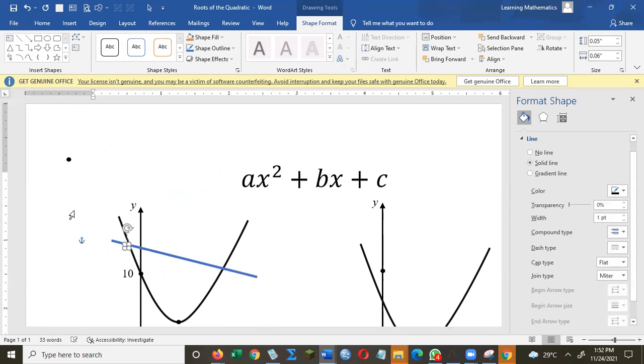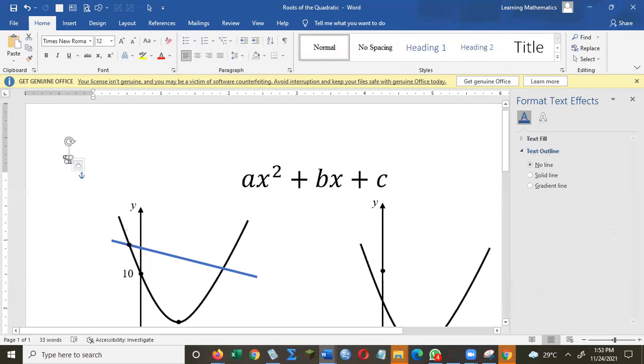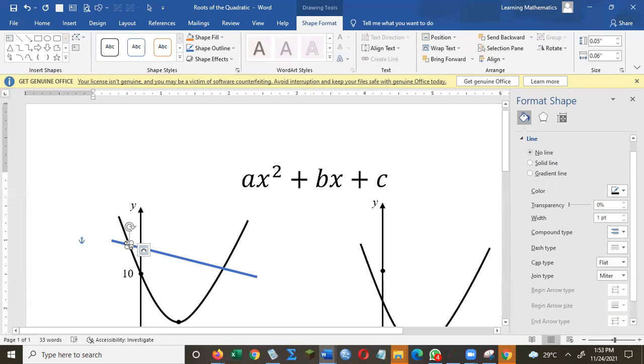Okay, one there, that's 1 point of intersection between a line and a quadratic. And another point of intersection there. So that's what is actually going on there with number 10. The 2 points where a line cuts a quadratic.